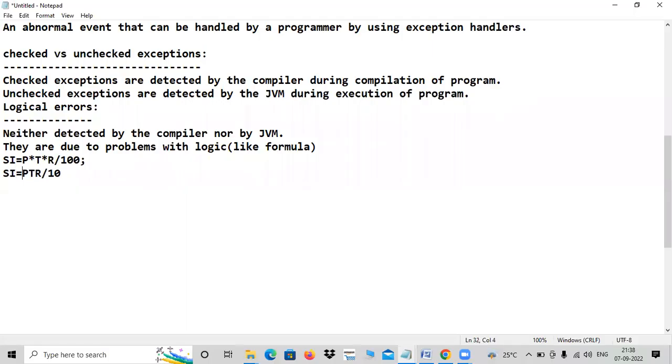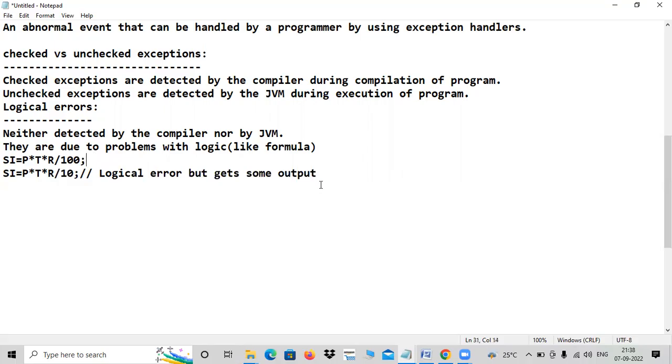This is a logical error. But you will get some output. That is the issue.